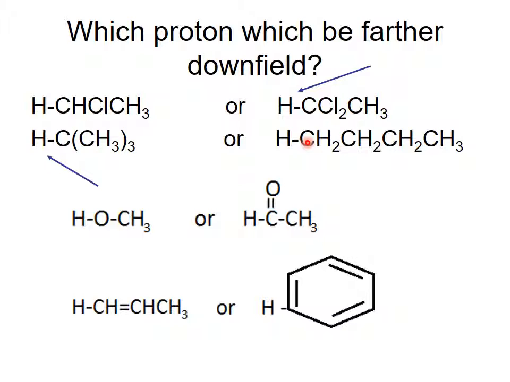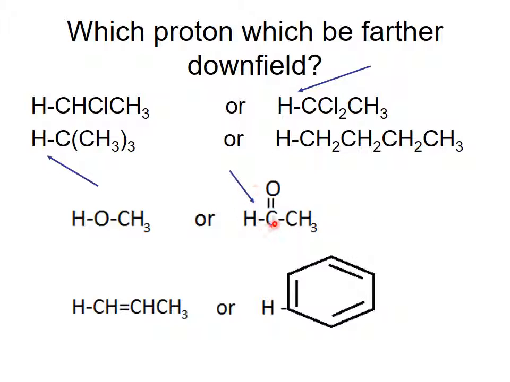Now the absorbance of this hydrogen probably would be about 0.8 or 0.9. The absorbance of this hydrogen would be only slightly higher at, let's say, maybe 1.3 or 1.2. So there's a very small difference, but you can detect it, you can see it.